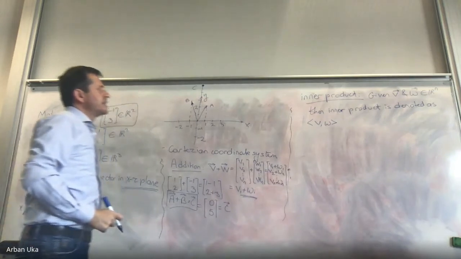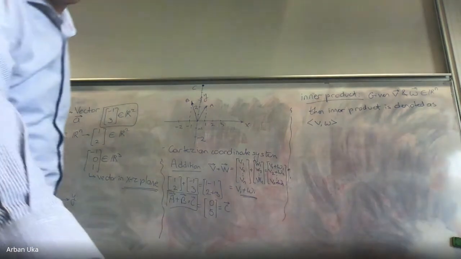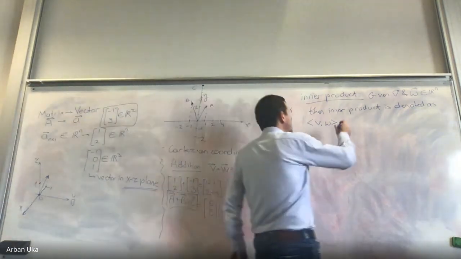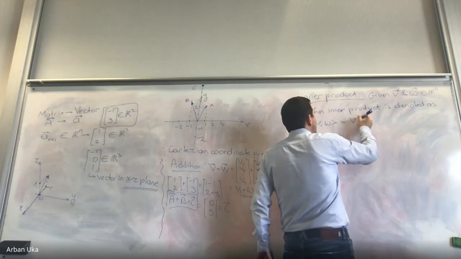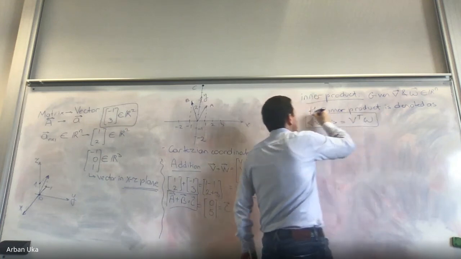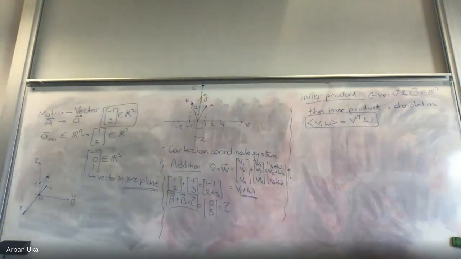Given two vectors V and W, which are elements of space Rn, we can define an inner product that is denoted as shown on the board, and this is equal to V transpose times W. Okay, so this is the inner product, assuming that all vectors are columns. We pick this one by convention.